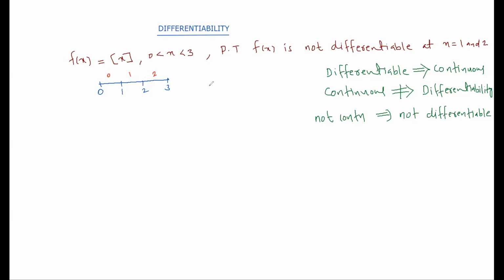Do you understand? If you take any number with 0 less than or equal to x less than 1, any number between 0 and 1, the greatest integer function is always 0, because the integers less than or equal to that number are 0, minus 1, minus 2, minus 3, etc. So the greatest integer function will be 0.